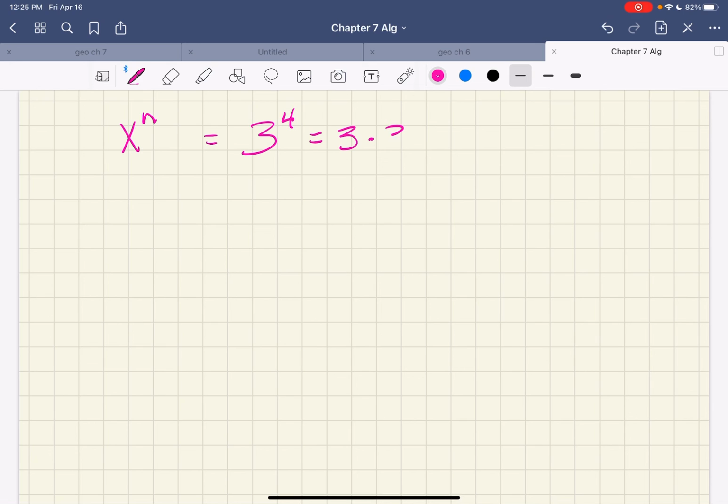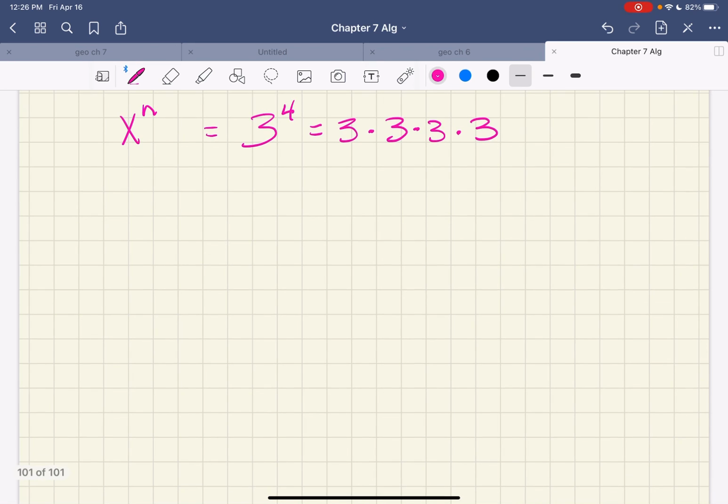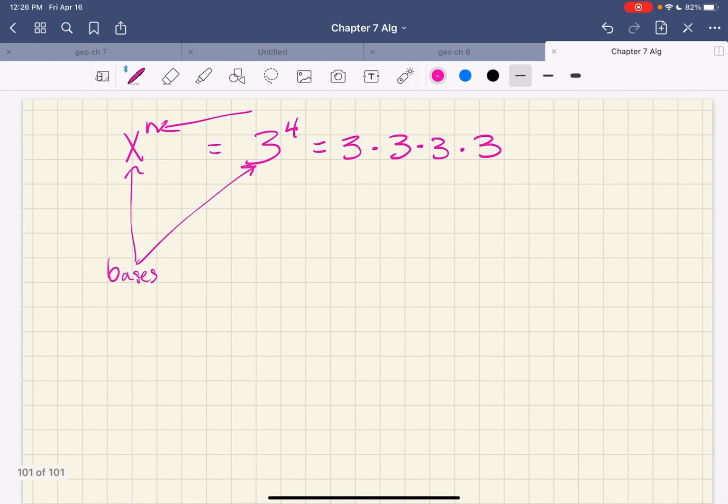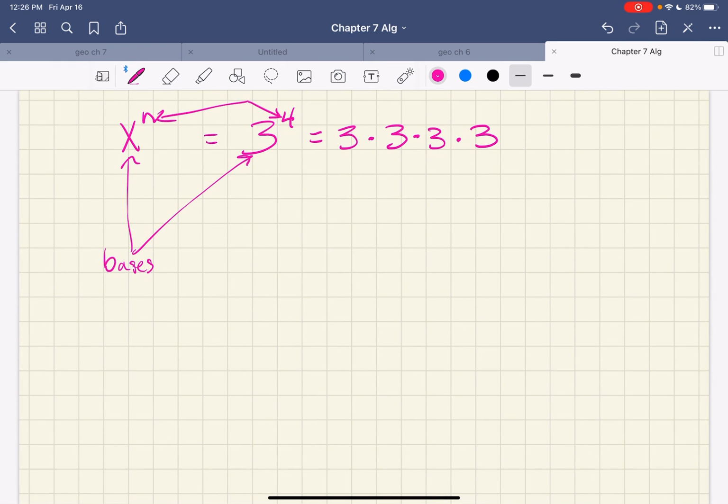That's 3 times 3 times 3 times 3. So I'm multiplying 3 by itself 4 times. This is something that we did some review on about a month ago, so hopefully this is pretty fresh in your mind. The x and the 3 are called bases, and the n and the 4 are exponents.